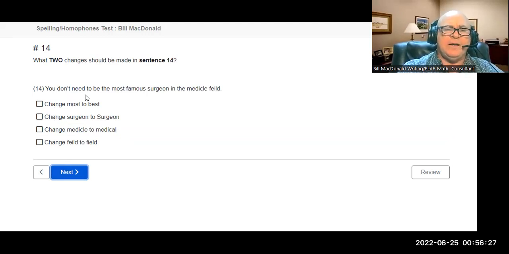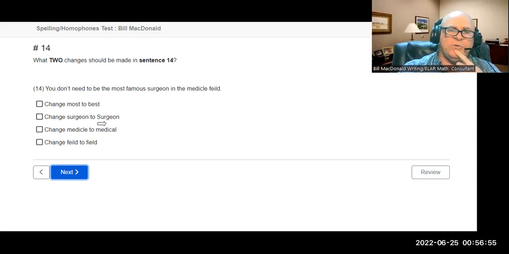Capital, "You don't need to be the most famous surgeon." Use my arrow to follow along this time. "You do not need to be the most famous surgeon, singular, in the medical field," period. So my brain is saying, this doesn't look right, but again, I could look it up.